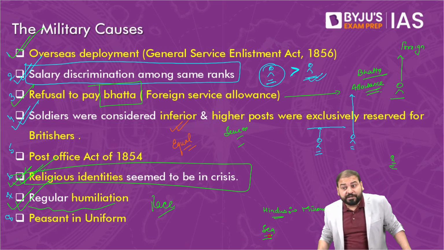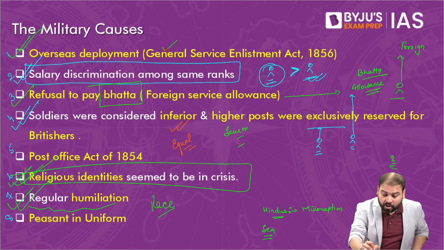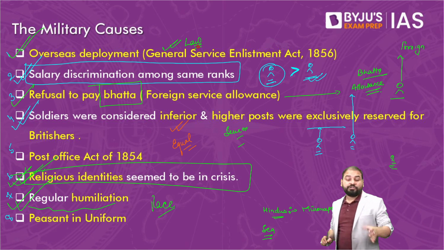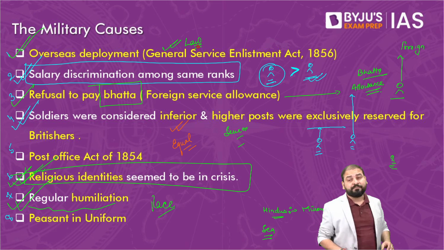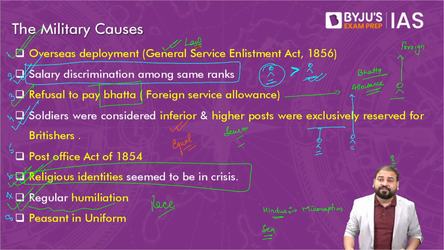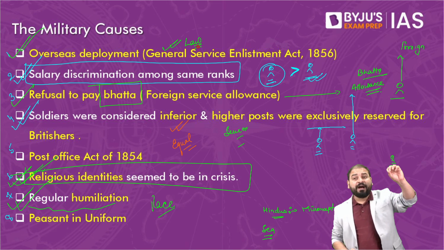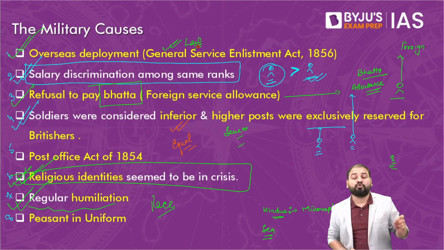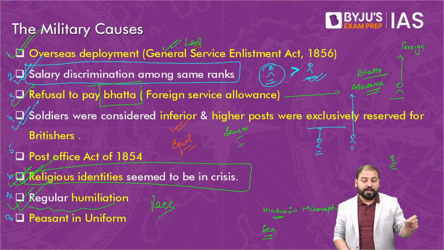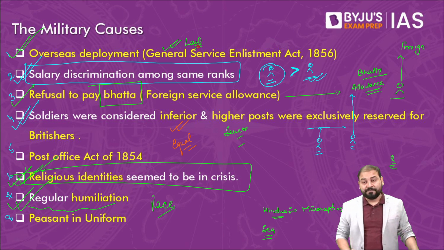But now the Britishers have brought a rule, a law has been made. What is the law? General Service Enlistment Act 1856. Now you cannot say no. If they are asking you to go to Burma, you have to go to Burma. There is no way you can deny this.